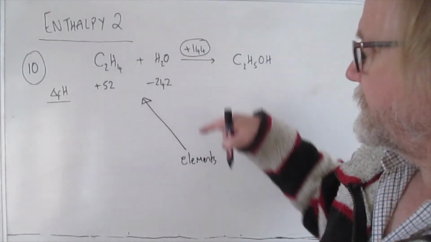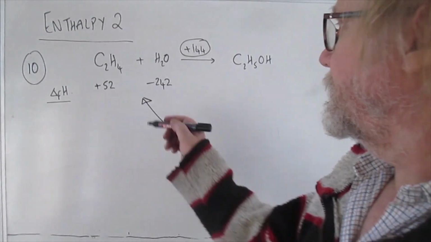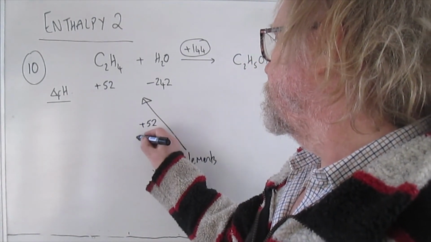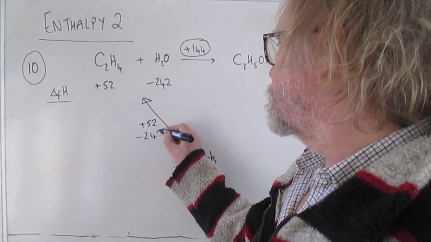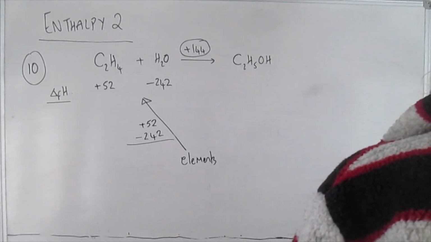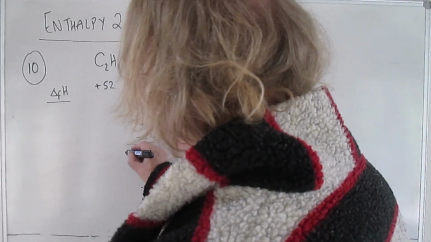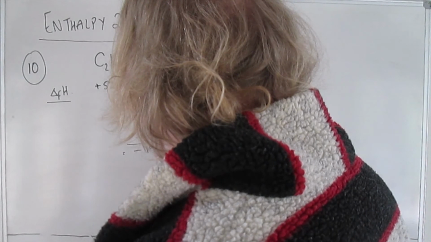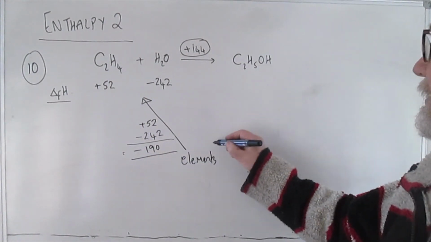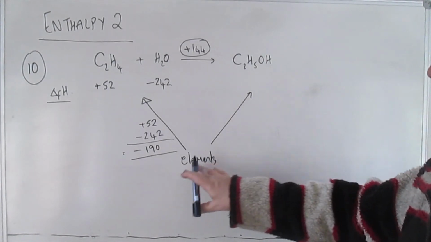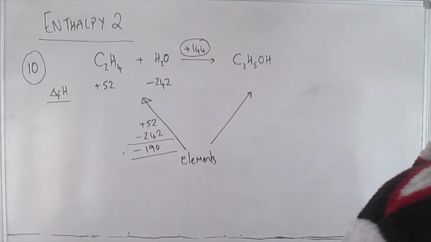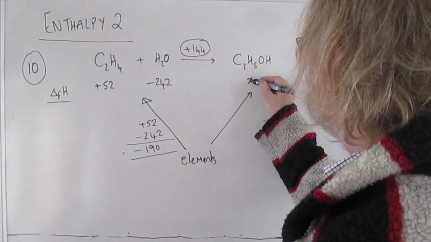So forming the compounds from the elements, so the arrow goes that way, and it's plus 52 for the ethene, minus 242 for the steam gives us minus 190 is the total going that way. Going this way, to take that same set of elements to make ethanol, that's the one we don't know, so we're going to call that X.